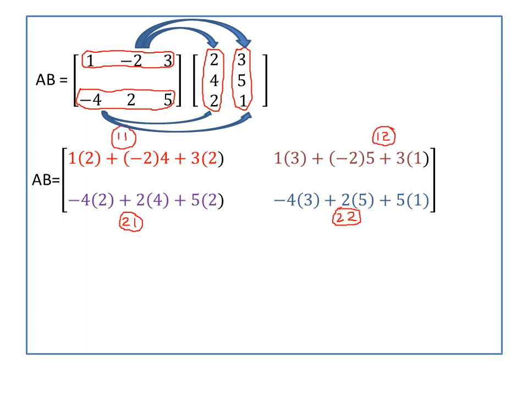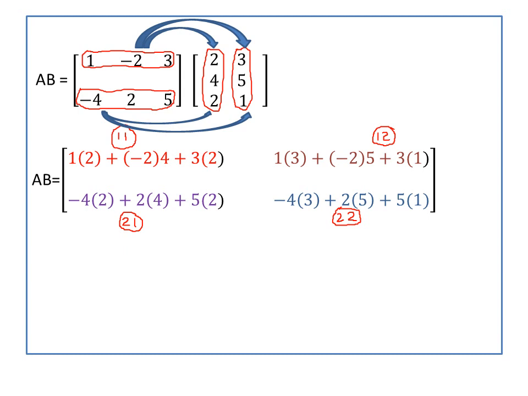Hence, 1 into 2 plus minus 2 into 4 plus 3 into 2 is the first position element. For the second position, first row to second column gives 1 into 3 plus minus 2 into 5 plus 3 into 1. For the third position, second row to the first column elements, minus 4 into 2 plus 2 into 4 plus 5 into 2.